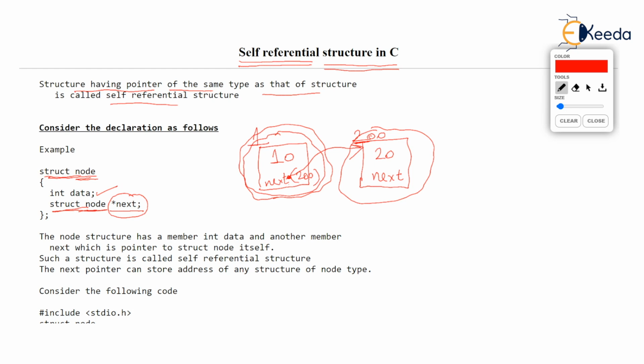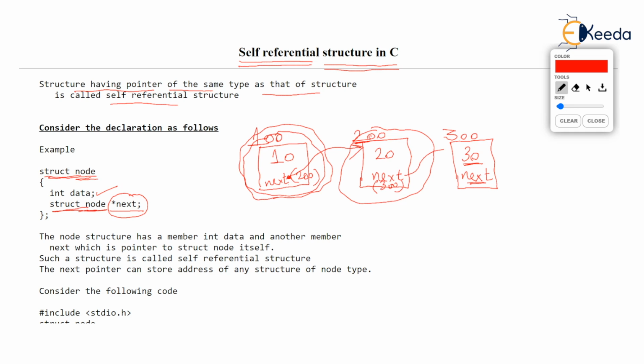And what if we have one more structure like this? This is also a node structure. Suppose it is storing 30 and it has a pointer called next. Of course, every node structure will have data and a pointer because that's what we have declared in the node structure. If the address of this structure is 300 in the memory, then this next has the ability to store 300 and it can point to this node structure.